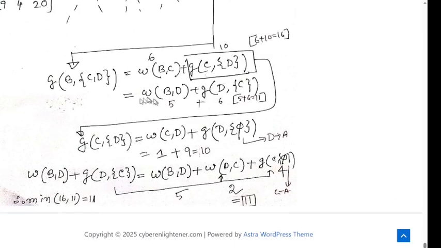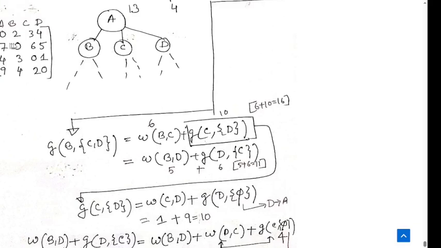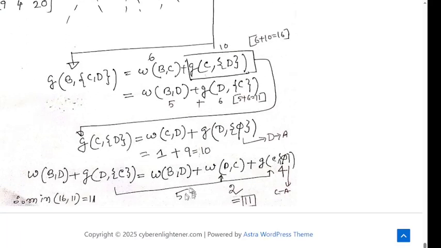Similarly, if you take the other one, W(B, D) plus G(D, {C}), which is nothing but W(B, D) plus W(D, C) plus G(C, phi). That means this is the last one, that means C to A. It has visited C, and then after C it is visiting A. So W(B, D) is already given as 5.